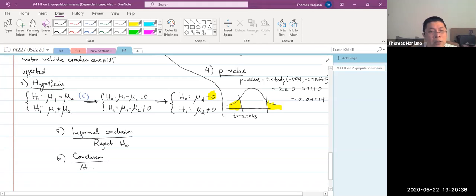If they don't tell us the significance level, then we still use 5%. At 5% significance level, there is sufficient evidence to reject the claim, whatever you say in your claim.